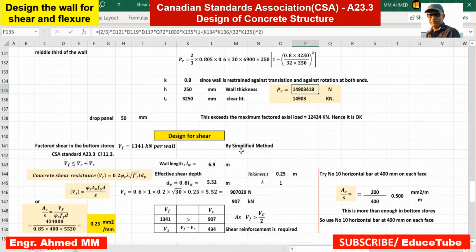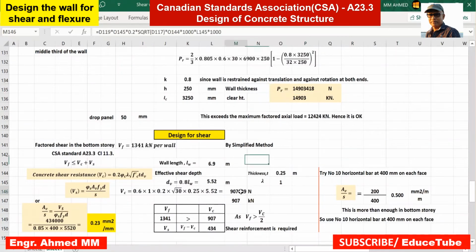Same way for this one also, for shear, I use this equation, putting all the values of parameters as cell addresses. So I got this value. In kilonewton, it will be 907.